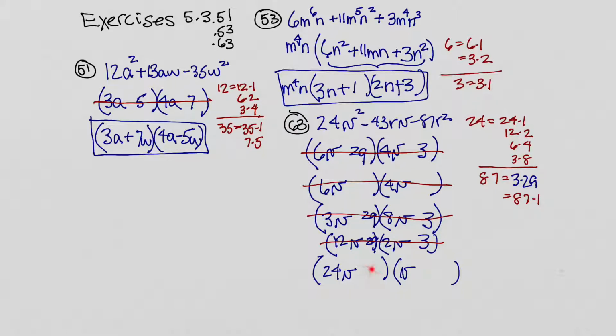Because if I put the 3 here, 3 and 24 have 3's in common. That's not going to work. So if this is going to work, the 3 would have to go over here, and the 29 would have to go over here. Now, let's see if this has got a chance. So this is going to be, say, 25 times 3 is 75, and 29.